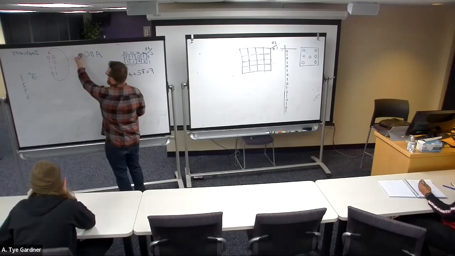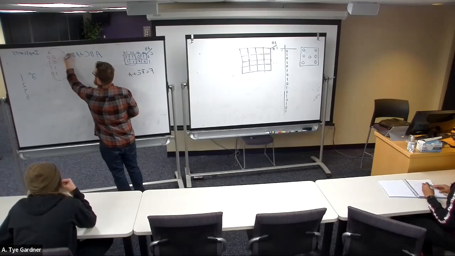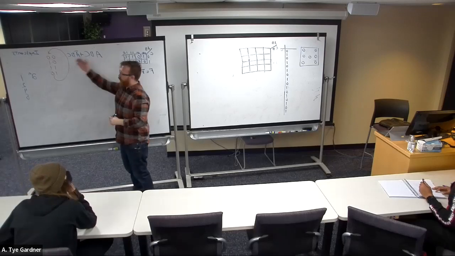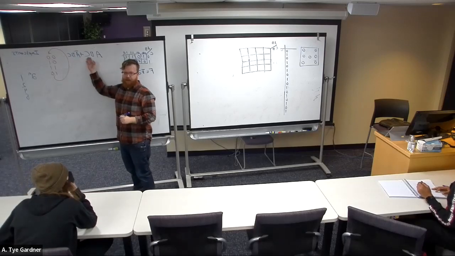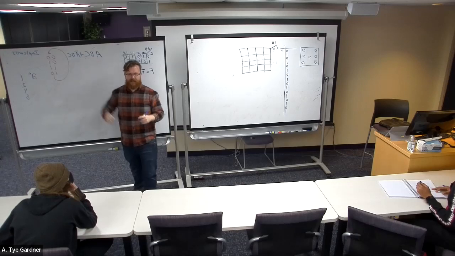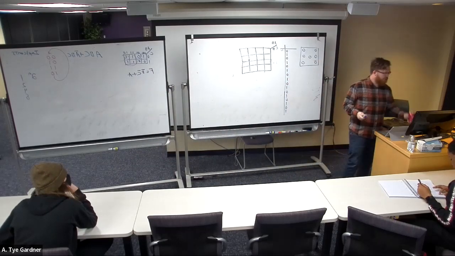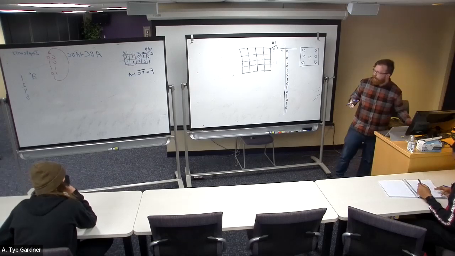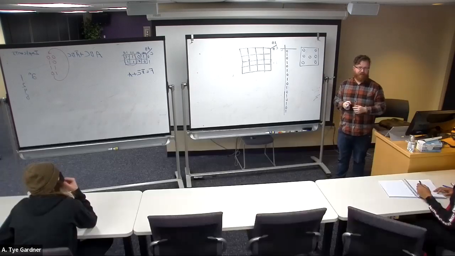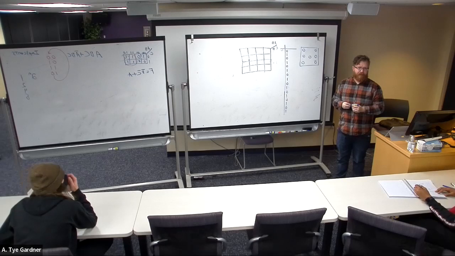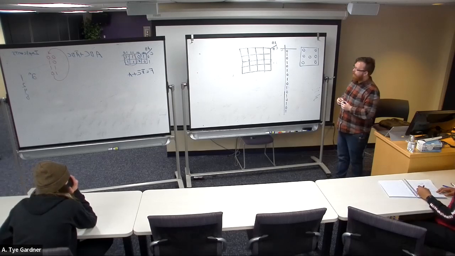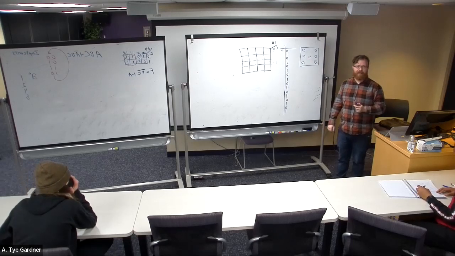If I have A and B and C, I have two terms with three variables each. That's the vocabulary I try and stick to. That's the answer. Good job. Let's complicate it.